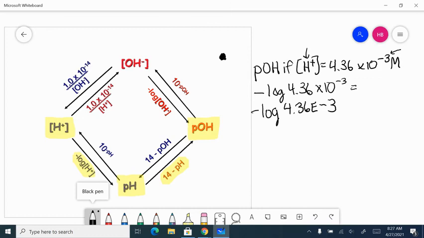So negative log of 4.36 exponent minus 3 equals 2.36. And then I do 14 minus 2.36, which is the pH, and I get a pOH of 11.64. And all of that is reasonable. So now that we've done an example of each type of calculation, you guys can try this yourself.